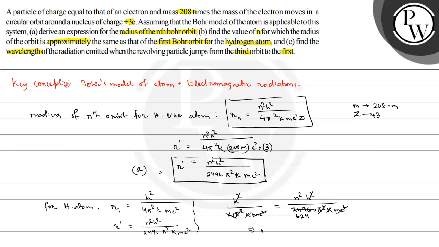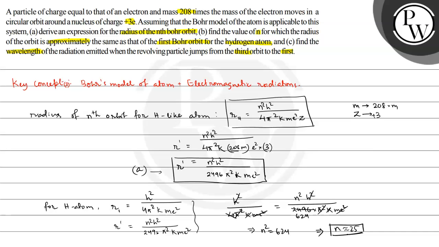So here n square is equal to 624, and if we take the square root then n is almost equal to 25. So at n is equal to 25, the radius of orbit of this particle will be approximately same as the first Bohr orbit of hydrogen atom.